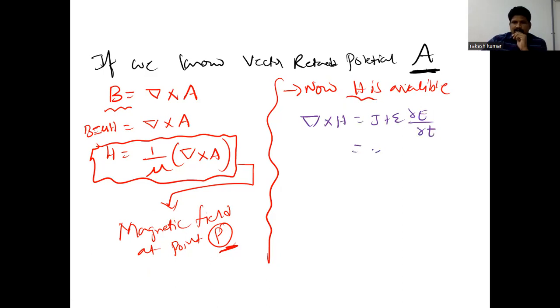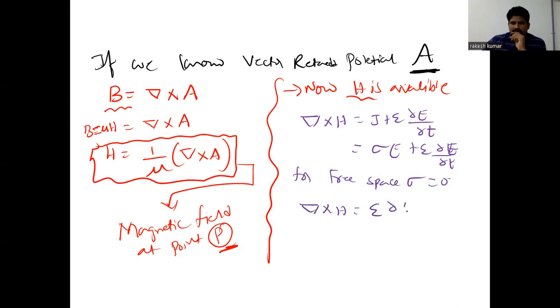What is the value of J? J is sigma E plus epsilon dou E by dou t. For free space, sigma is equal to 0. Therefore, del cross H is equal to epsilon into dou E by dou t.